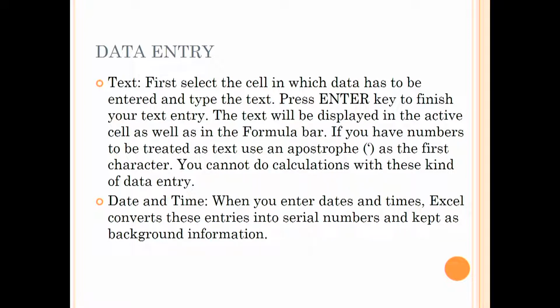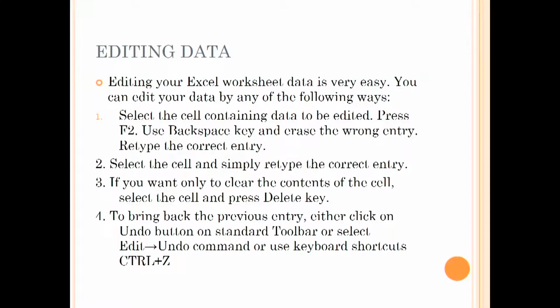When you enter dates and times, Excel converts these entries into serial numbers and the rest is kept as background information. Now once you have entered the data in your spreadsheets, you might also require to edit your data. Editing your Excel worksheet data is very easy, that's not a tedious job.